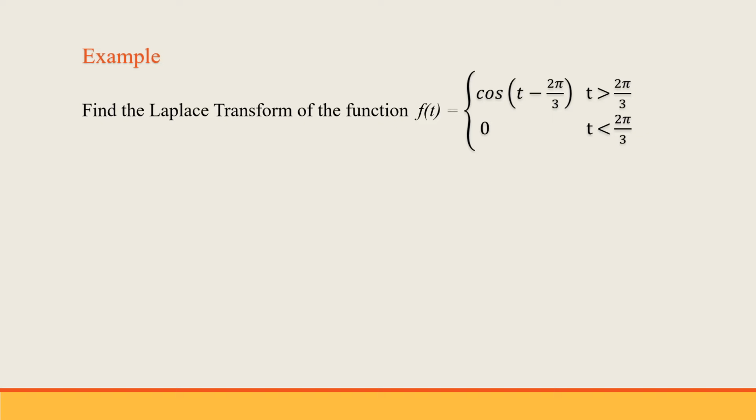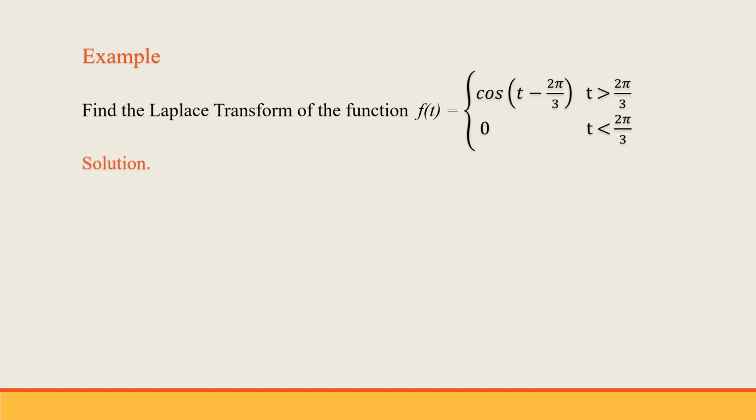Okay, so let's do another example. Find the Laplace transform of the function f(t) such that f(t) is equal to cos(t minus 2 pi by 3) for all t greater than 2 pi by 3 and 0 for t less than 2 pi by 3. So let's do it.